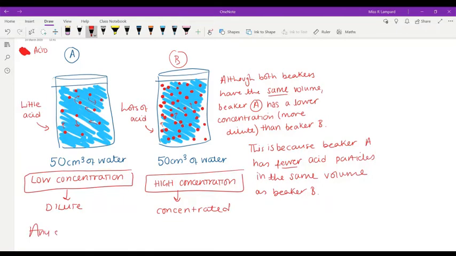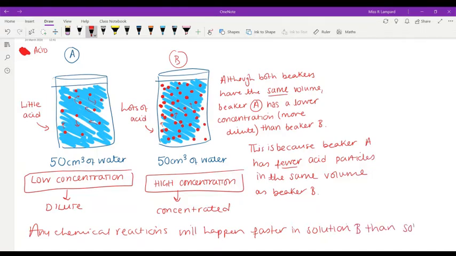so that's right here, any chemical reactions will happen faster in solution B than solution A due to the higher concentration of acid.